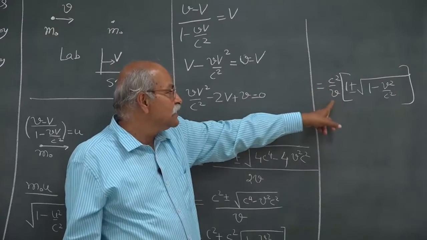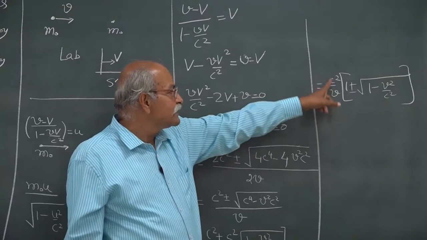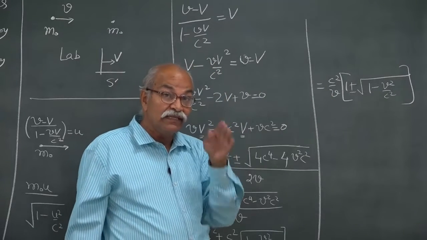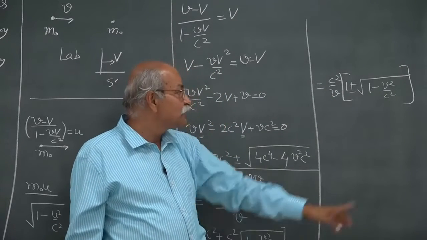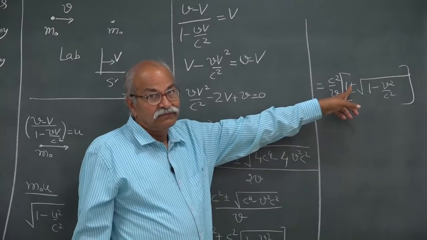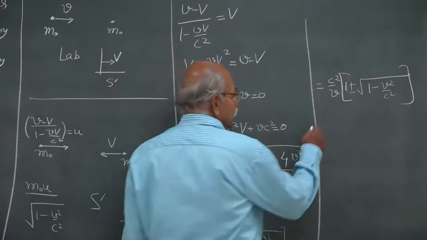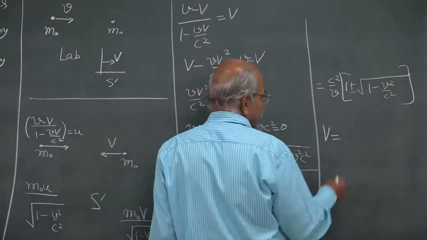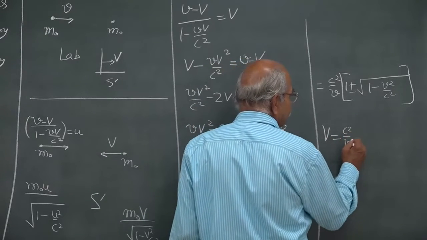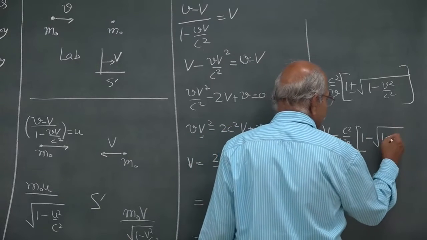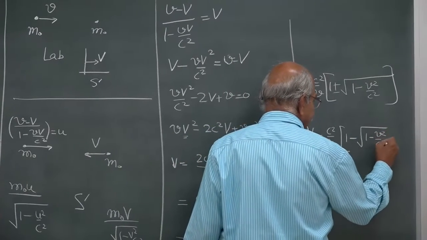So, this quantity is already greater than c, and this capital V also cannot be greater than c, and therefore this plus sign is ruled out, and hence the frame velocity is c square by v times 1 minus square root of 1 minus v square by c square.